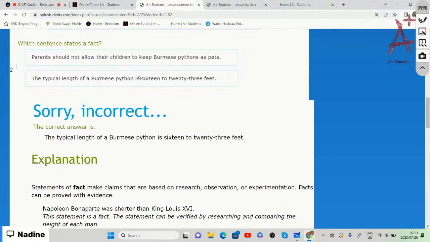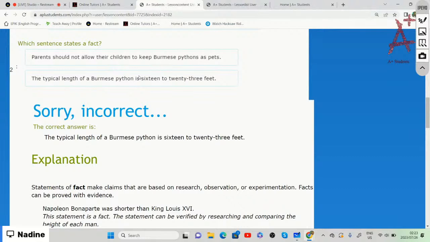So the fact, right, is then that the typical length of a Burmese python is 16 to 23 feet, right? This clearly gives us an indication that this person researched the length of a Burmese python, right? And they gave an accurate amount, which is that it is 16 to 23 feet.